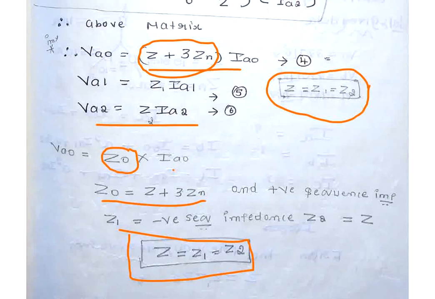In many cases the positive and negative sequence impedances will be equal, but the zero sequence impedance is always greater. It depends on the transformer, the line, or the generator, whichever equipment you are using. But 90% of the time positive and negative sequence are treated as equal. That we will discuss later.